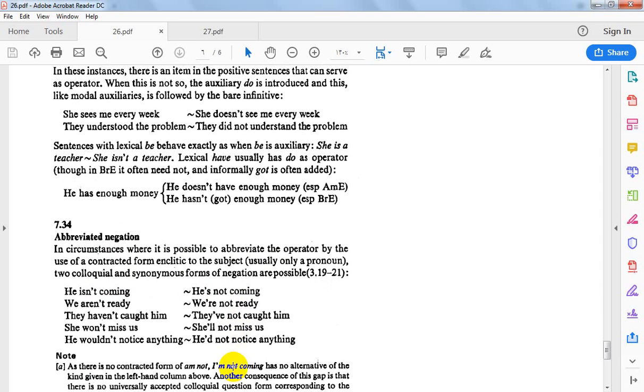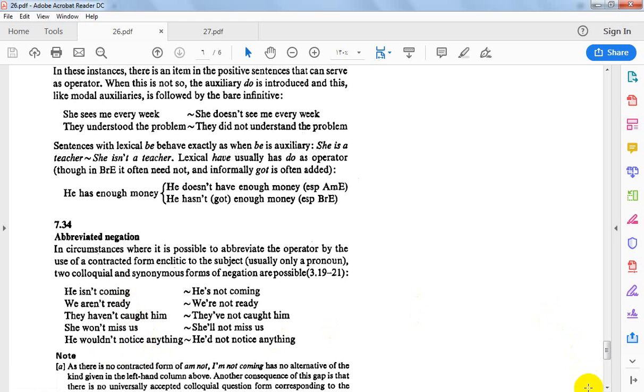What are they? He is not coming. He is, you see, he is not coming. This sentence contains here, he is not coming, contracted, he isn't coming. We are not ready, we aren't ready. It is not something related to the way you are speaking or the way you are writing.